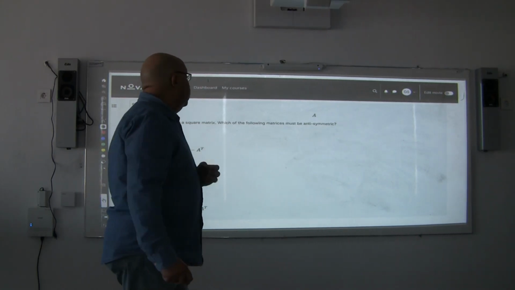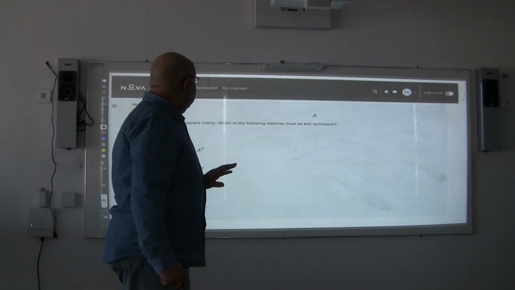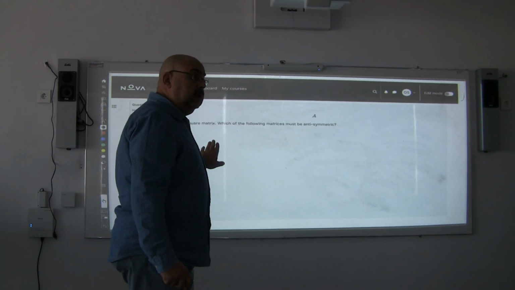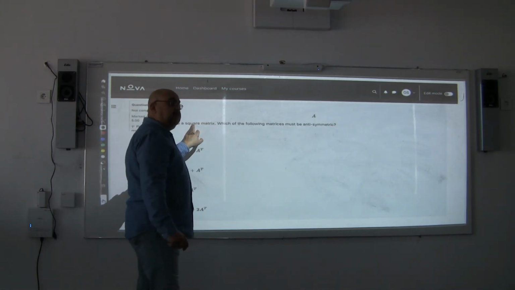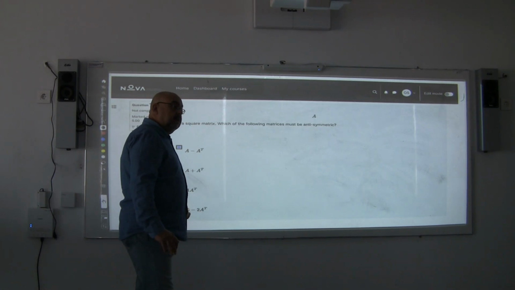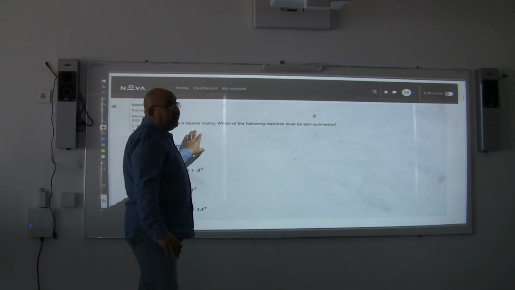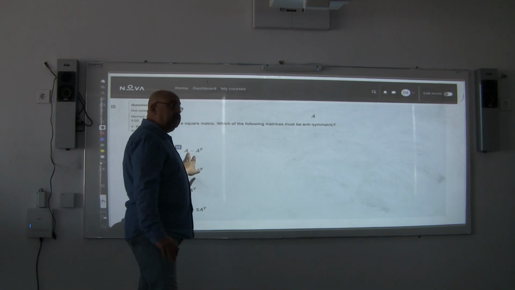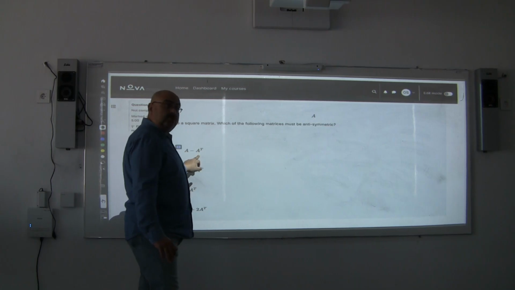Here it says choose the correct statement. So mainly I will get a symmetric matrix because he told you here A is a square matrix. Any square matrix, whatever. You can do it by numbers. You need to choose the right choice. Then get the transpose of this matrix. Then check, if you make the subtraction between the matrix and its transpose, whether the result is going to be a symmetric matrix or not.